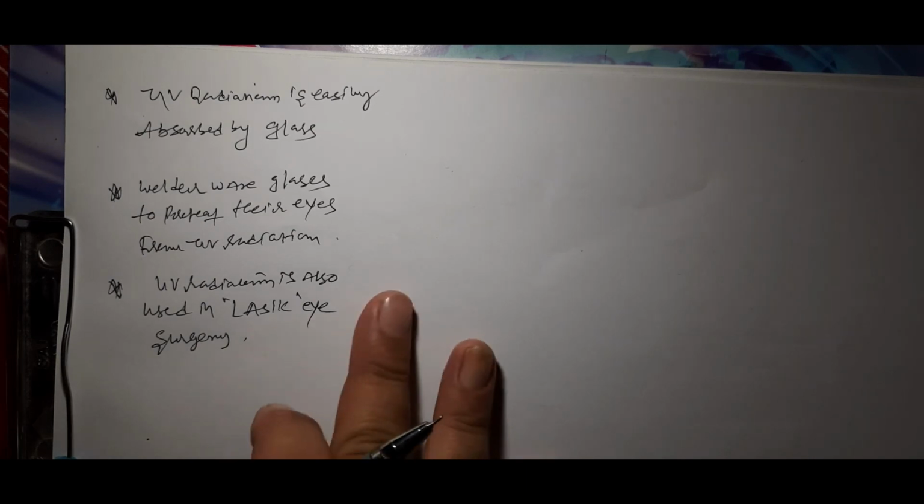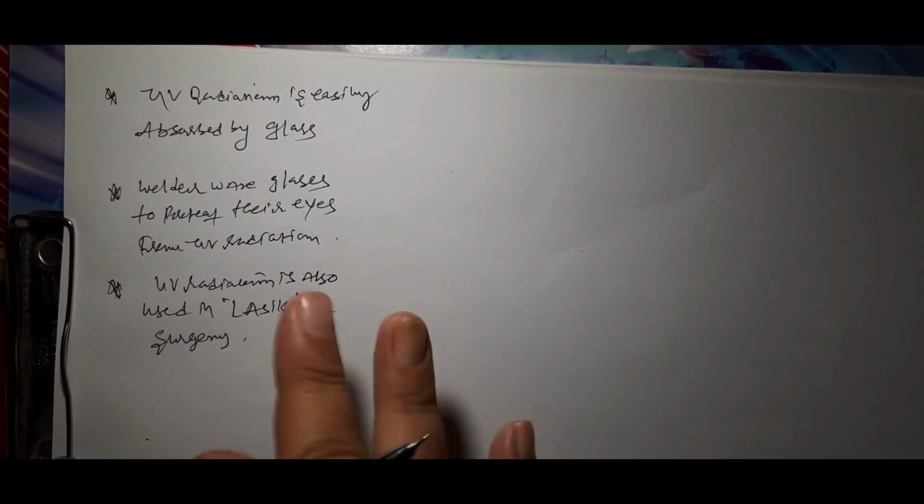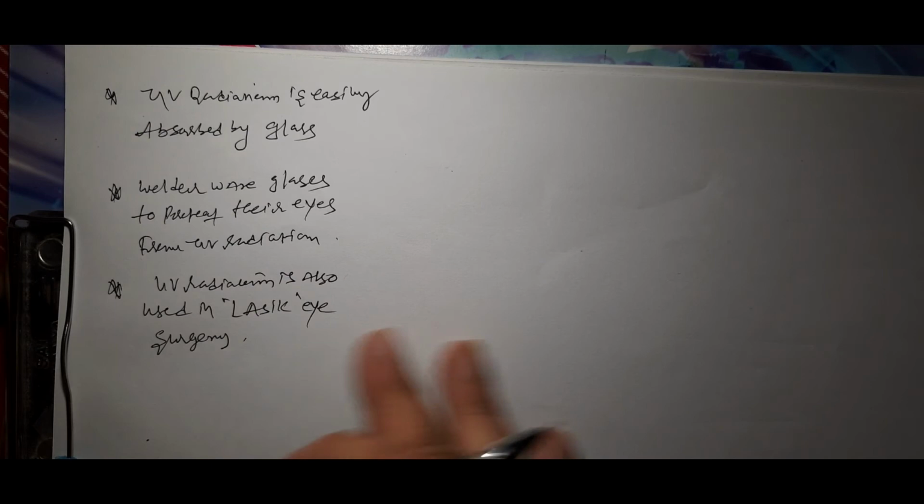By using this laser therapy, we can do eye surgeries. So for people suffering with eye problems, UV radiation is used in LASIK eye surgery. These are the important properties and uses of UV radiation.